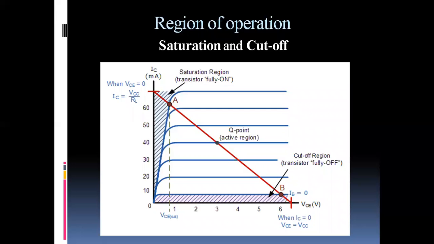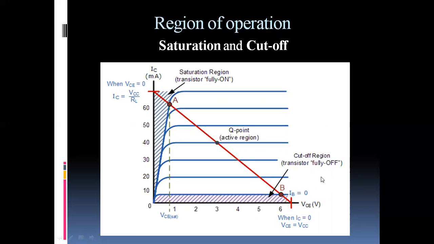So which regions of operation are there in which the transistor is acting as a switch? You know that there are two regions of operation. First is the saturation and second is the cutoff region. The characteristic diagram shown here shows the two regions of operation, the saturation region and the cutoff region.